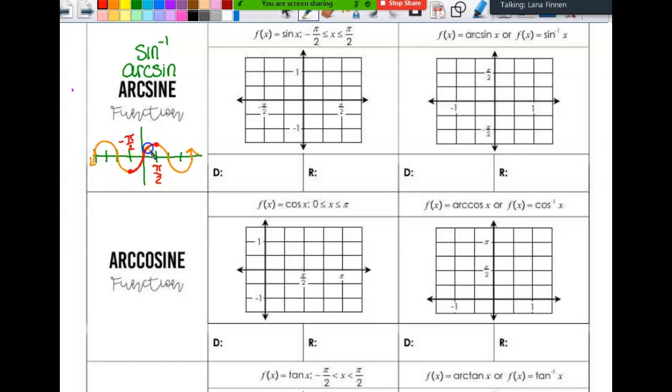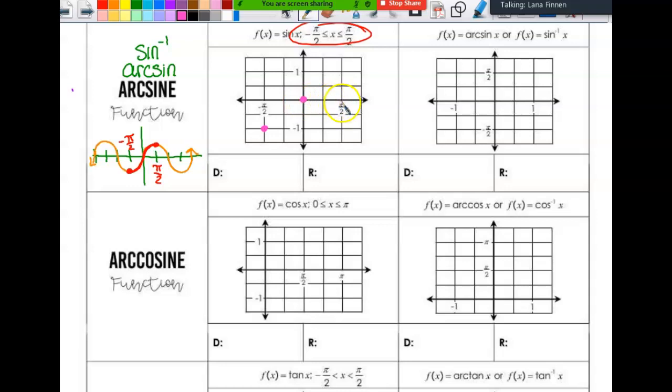So this little S-looking thing right here is the only part of the graph I get to use, because if I go any farther in either direction, I start to repeat those values, and I would fail the horizontal line test. Does that make sense? That's why our domain is restricted from negative pi halves to pi halves. When the angle is negative pi halves, sine is negative 1. When the angle is 0, the sine is 0.